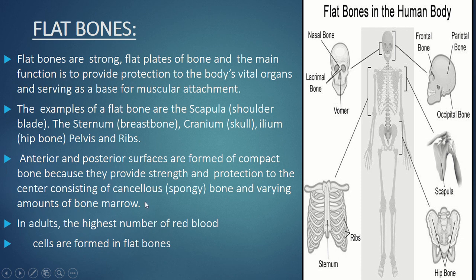So on the outside there is compact bone, and in the middle there is spongy or cancellous bone and a varying amount of bone marrow. In all bones, the compact bone comes outside, the spongy bone comes inside, and the bone marrow is present, but the distribution differs. That is the main thing.